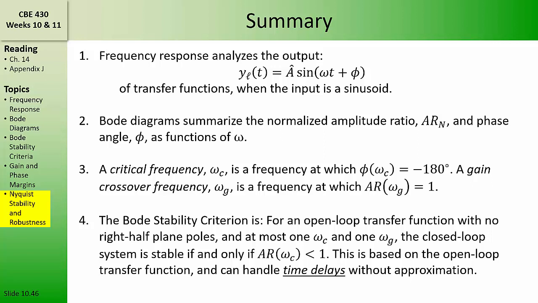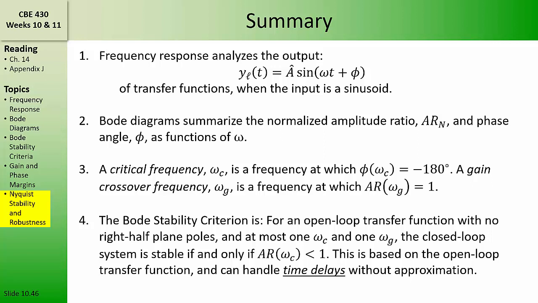Based on these definitions, we can establish the Bode stability criterion, which tells us that for an open loop transfer function with no right half-plane poles, and at most one critical frequency and one gain crossover frequency, the closed loop system is stable if and only if the amplitude ratio at the critical frequency is less than 1.